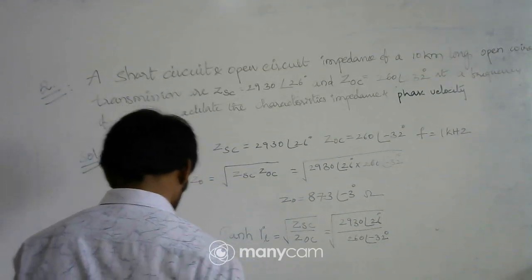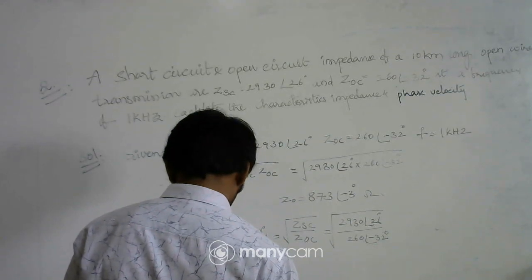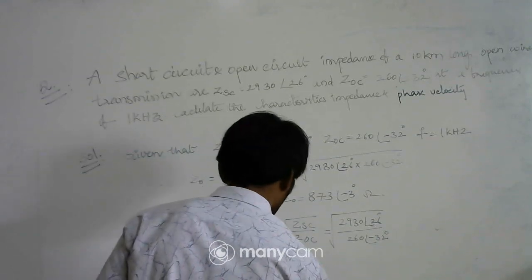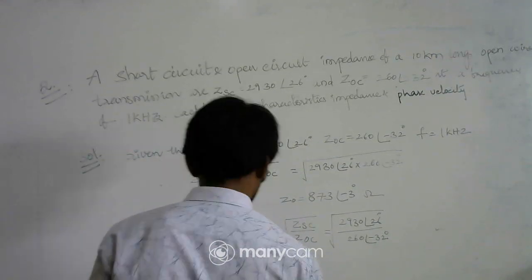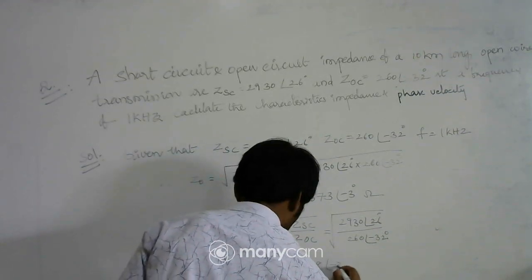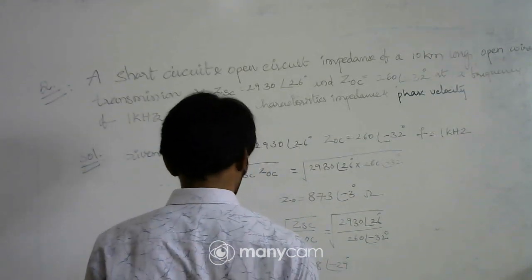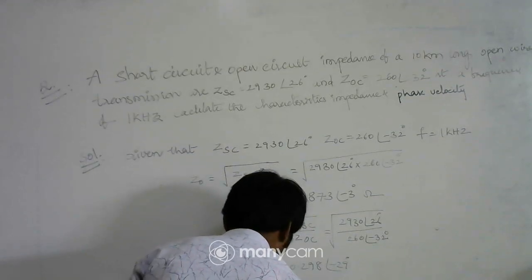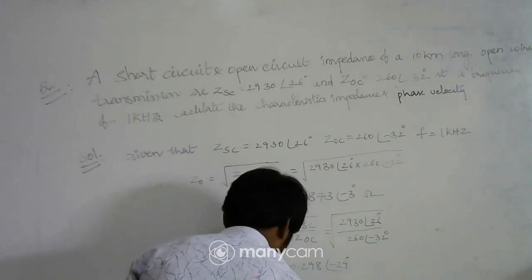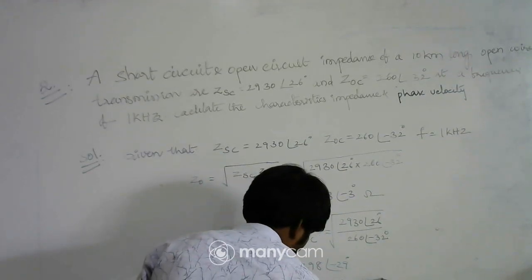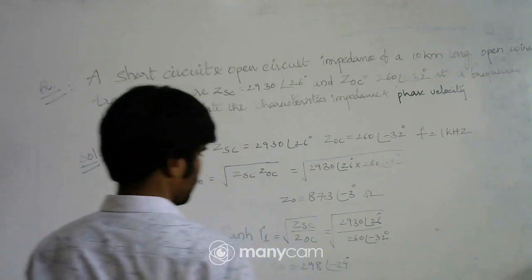The value is 0.298 angle minus 29 degrees, or in terms of real and imaginary parts, 0.2605 minus j 0.144.